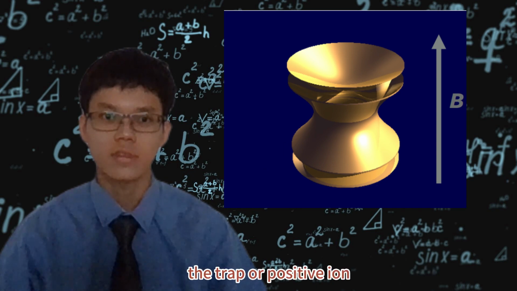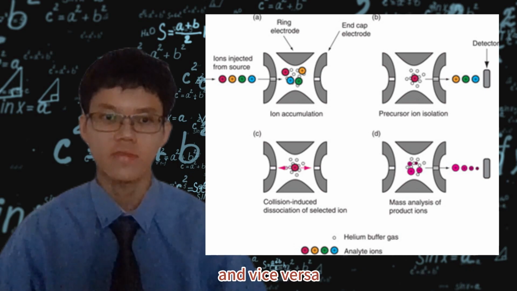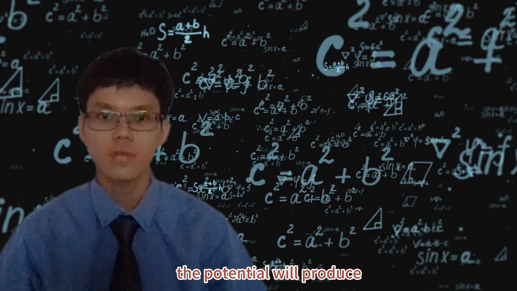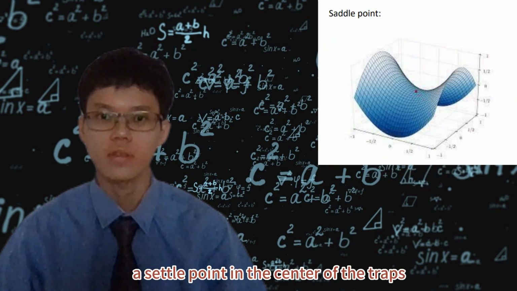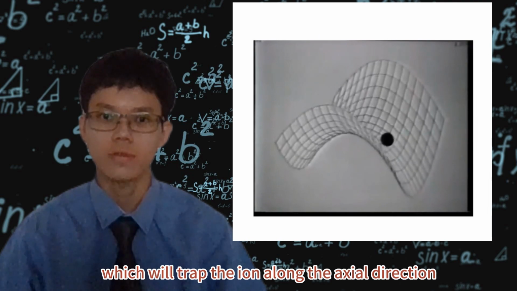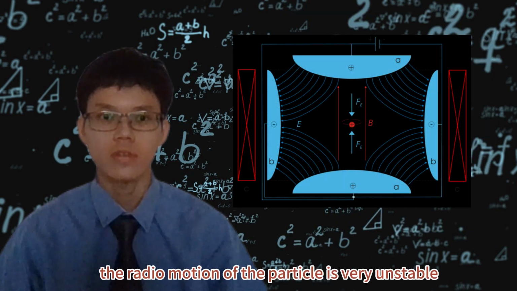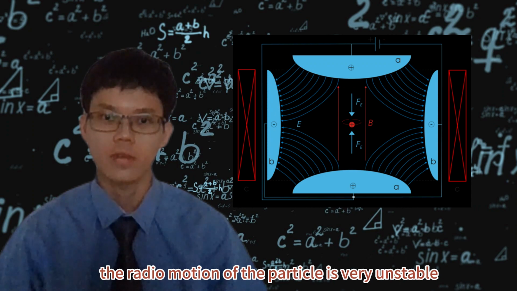To trap a positive ion, the end cap electrodes are kept positive relative to the ring and vice versa. The potential will produce a saddle point in the center of the trap, which will trap the ion along the axial direction. At the same time, the radial motion of the particle is very unstable.